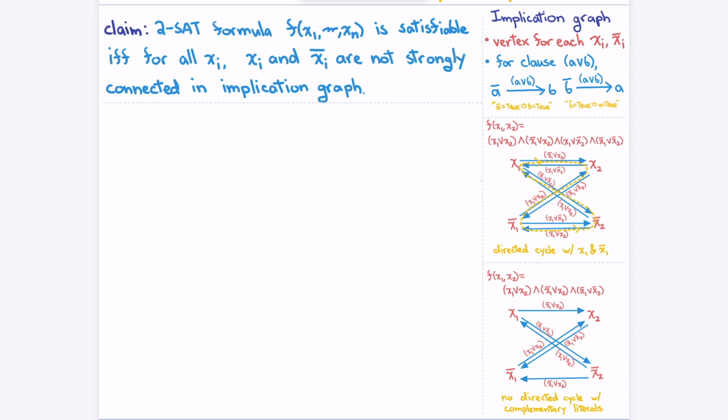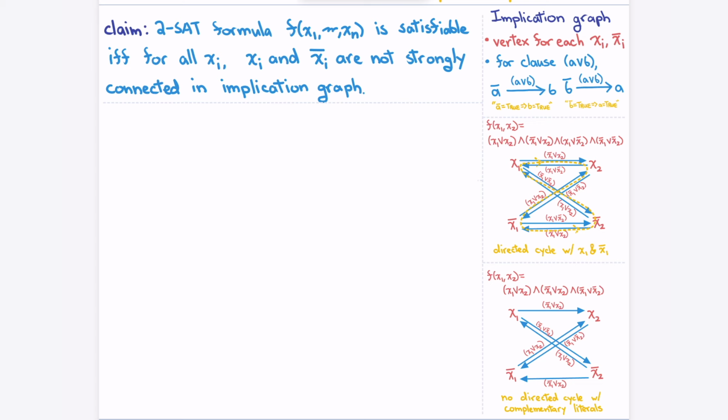Okay, so we want to show that a 2-SAT formula is satisfiable if and only if no variable is in the same strongly connected component as its negation in this graph. One of the directions is easier than the other. Which one? Right.